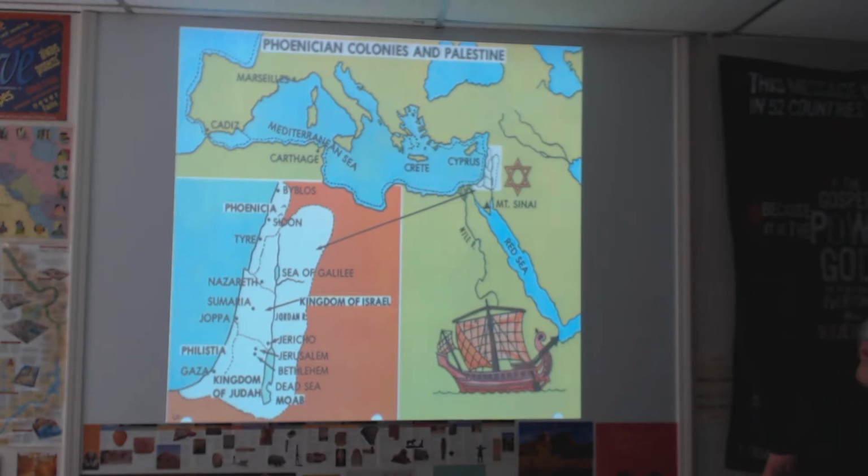The use of iron, which they got from the Hittites, facilitated acquiring and employing Lebanon to obtain timber. So Lebanon is north of the area, so they were able to use iron that they got from the Hittites to cut down trees, things like that, so that they could have timber to make their boats, and also then they would carry timber to other places and sell it.